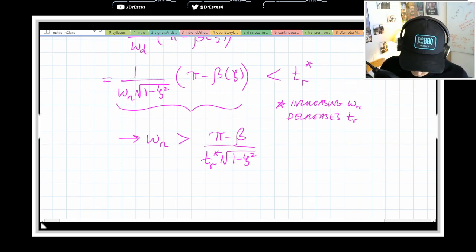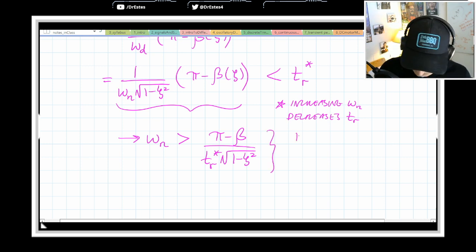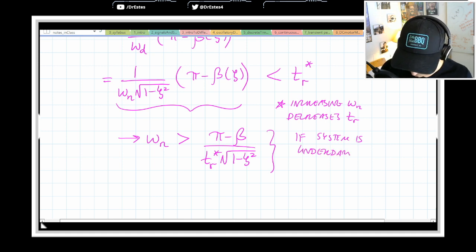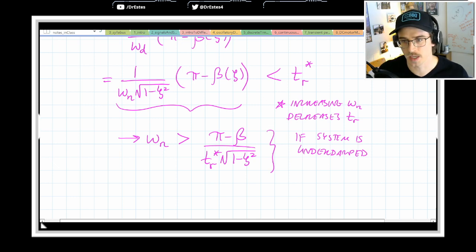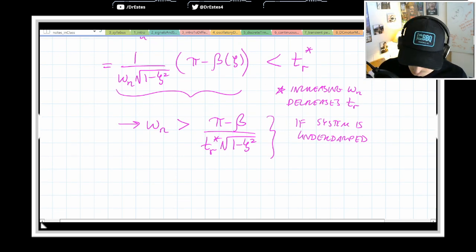All right. So this is what I'm going to do. If the system is underdamped, and we'll just assume that, control the world. I know, right? If the system is underdamped, we know that the damping ratio is between 0 and 1.